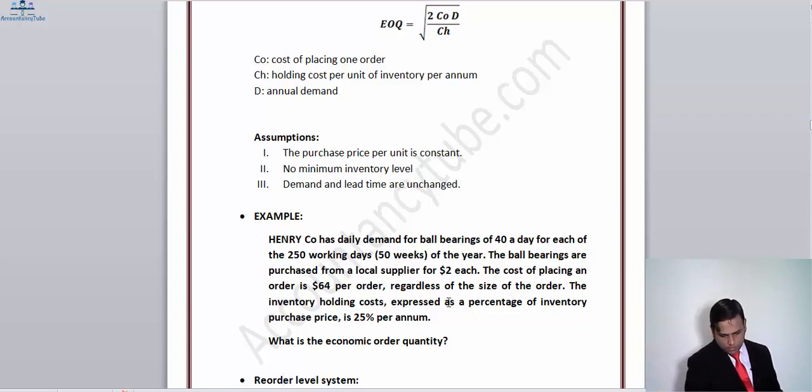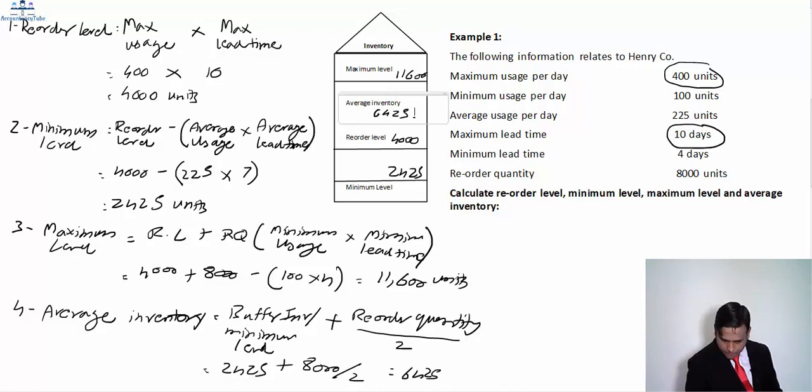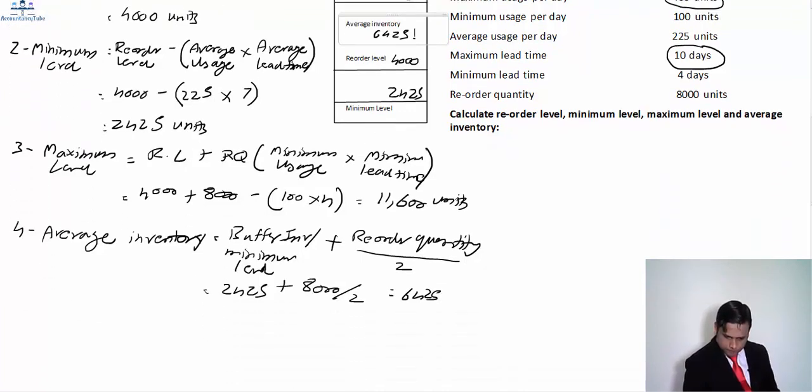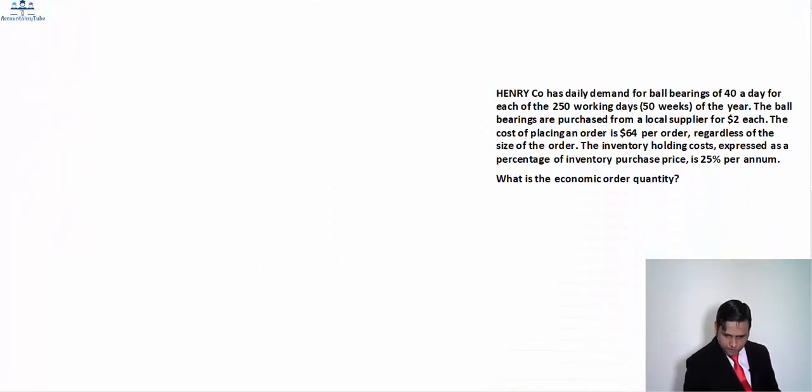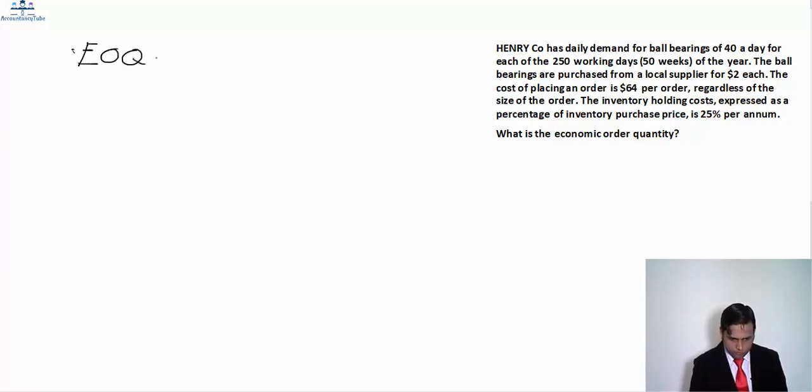Now let's solve that in our chart. First thing we need to do is place the formula of EOQ, the square root of 2 C_O D over C_H.